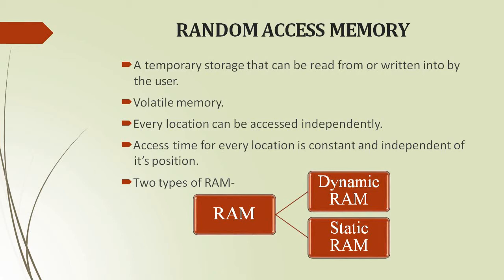It is also known as volatile memory, where every location can be accessed independently. The access time for every location is constant and independent of its position. RAM is further classified into two parts, that is dynamic RAM and static RAM.